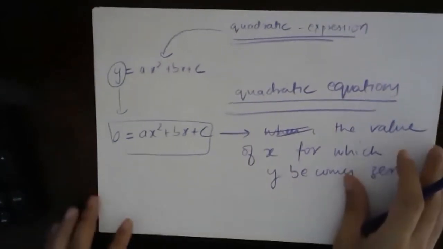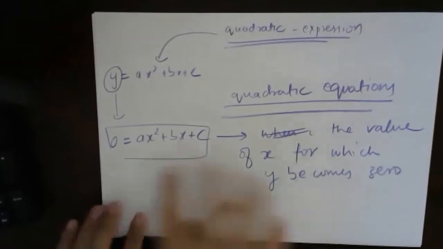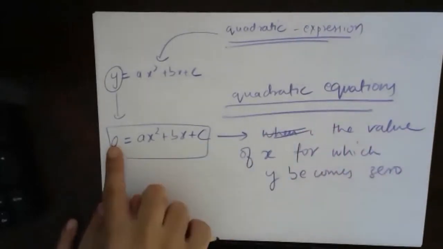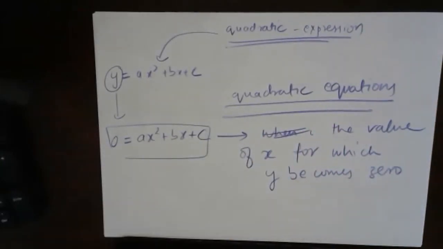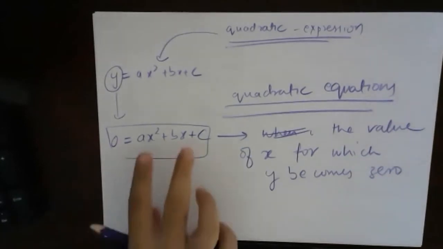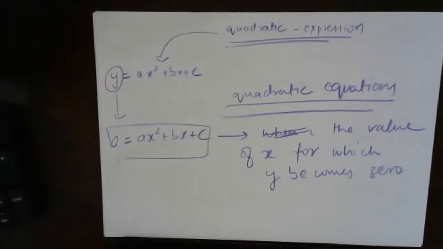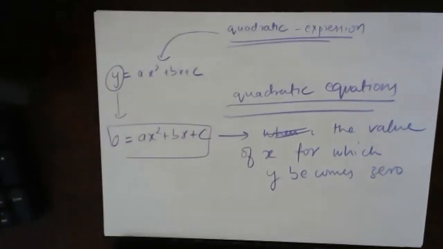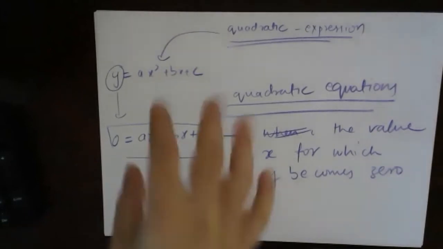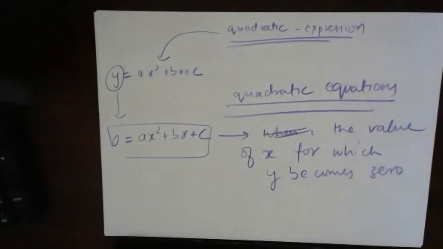Right? Okay, so what is a quadratic equation? It is nothing but when we equate it equal to 0. So how can we find the values of x for which this is equal to 0? The method we have already found, indirectly.